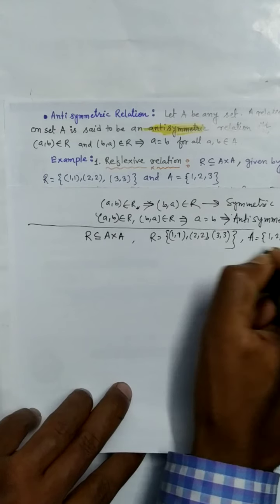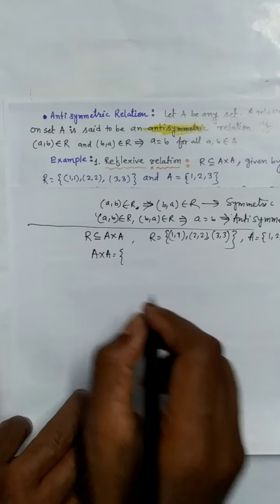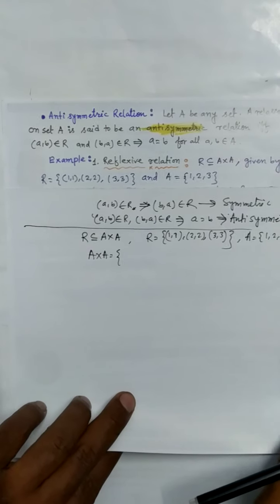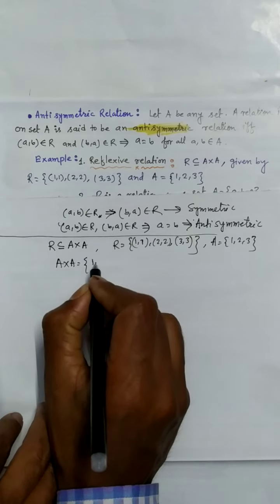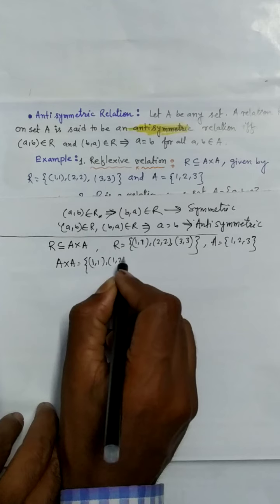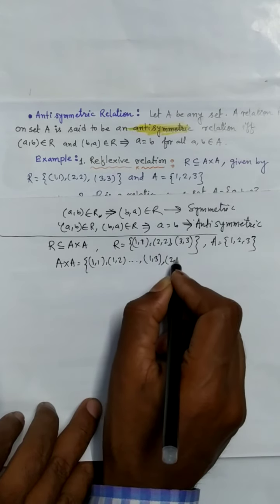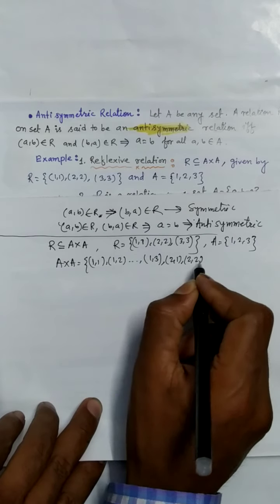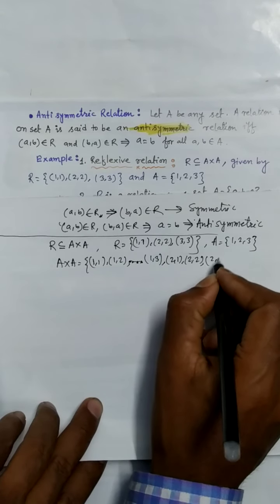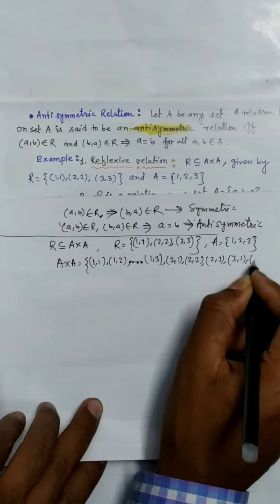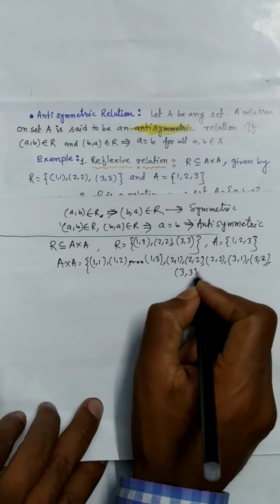Students, we know what elements will be there in A cross A: (1,1), (1,2), (1,3), then (2,1), (2,2), (2,3), (3,1), (3,2) and (3,3).